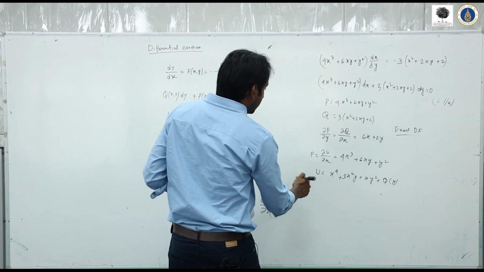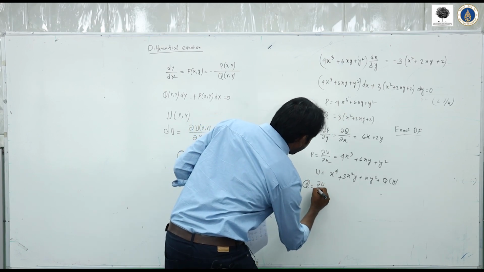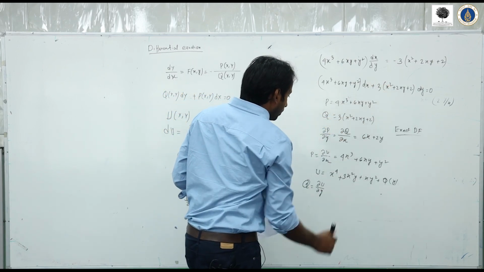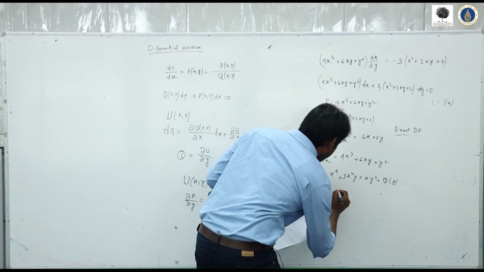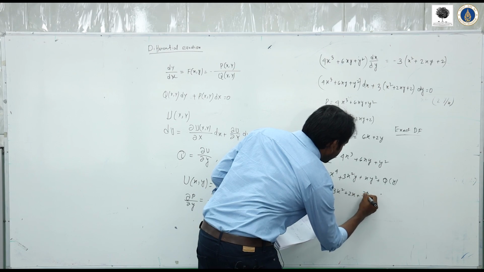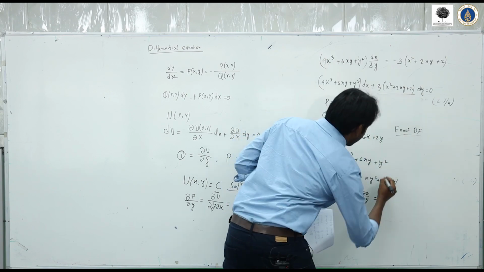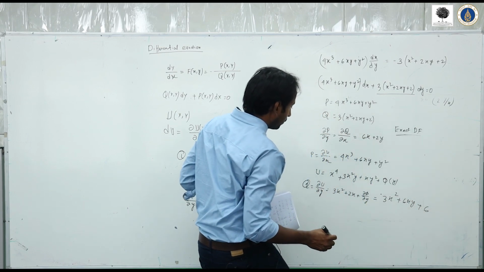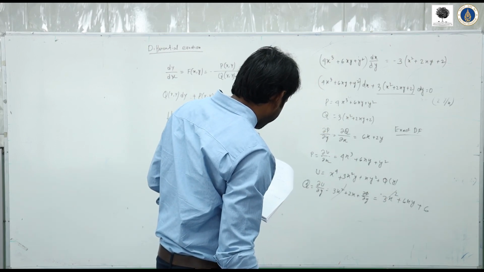Then if this is the u, it should satisfy the form of q. So del u by del y should give you q. Which q? This q. So if you take the derivative of this, what will you get? This is 0. So this is 3x square plus 2x plus del phi by del y, because this is a function of y, and it has to be equal to this q, 3x square plus 6xy plus 6.